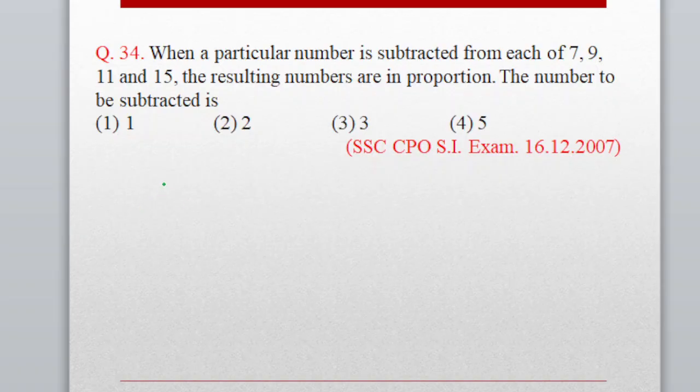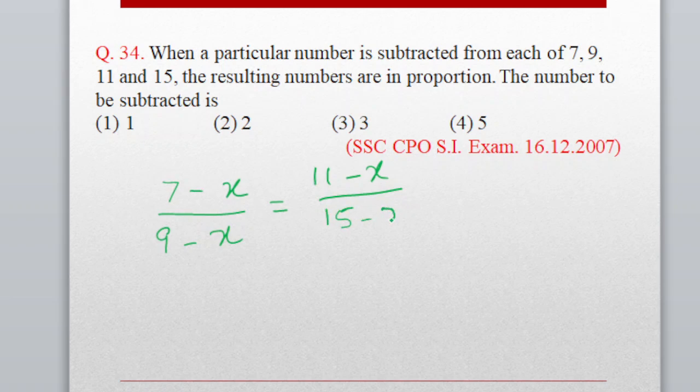Now it is given that suppose I have to subtract x from each of the numbers. Now 7 minus x divided by 9 minus x, so that is equal to 11 minus x divided by 15 minus x. Now as these numbers are in proportion, that means this should be their equation.